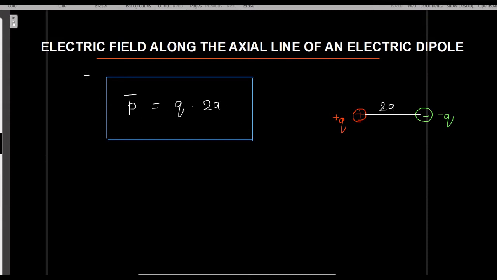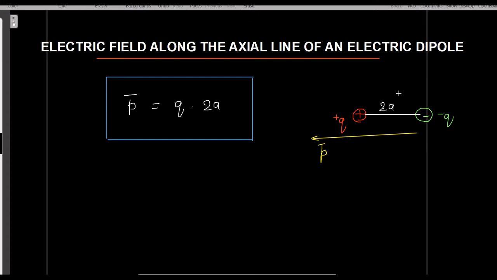Now P is a vector quantity and its direction is from negative to positive. This is the direction of dipole moment P. Once again, let us see.